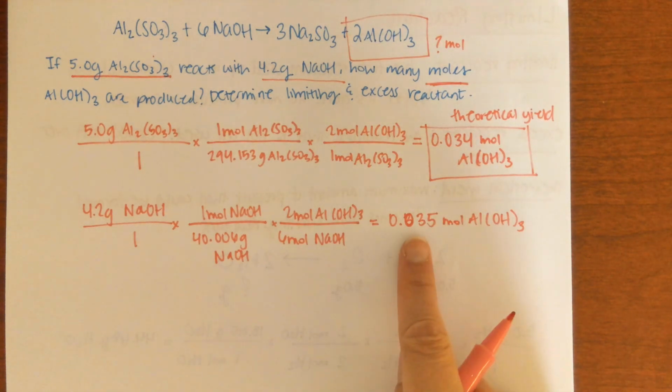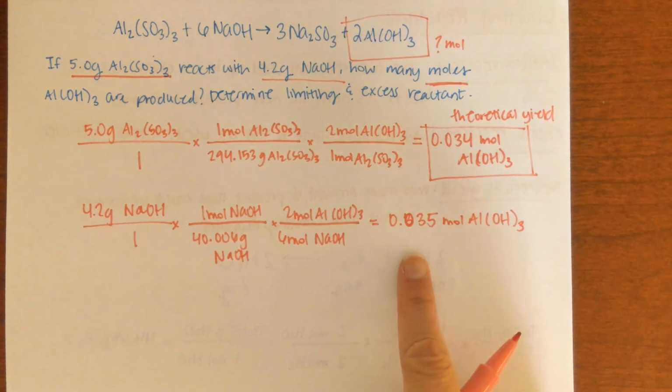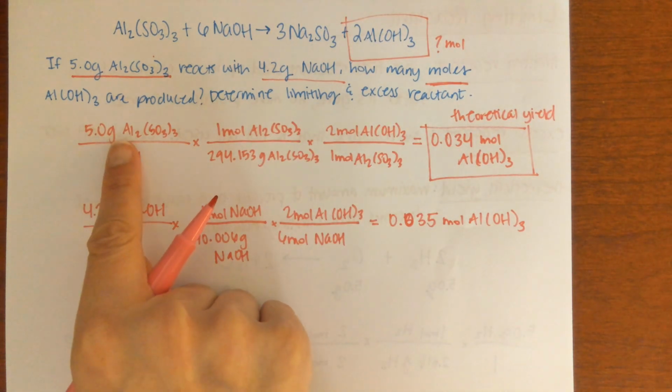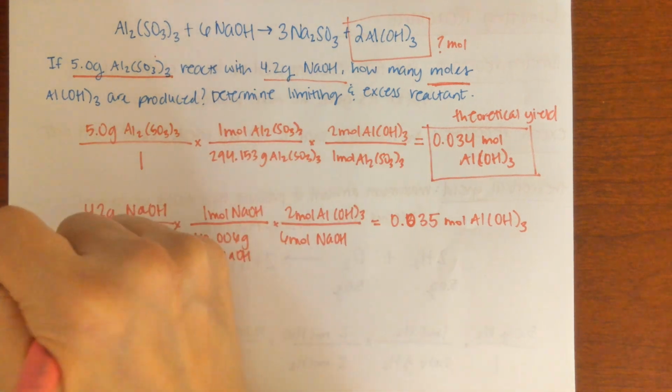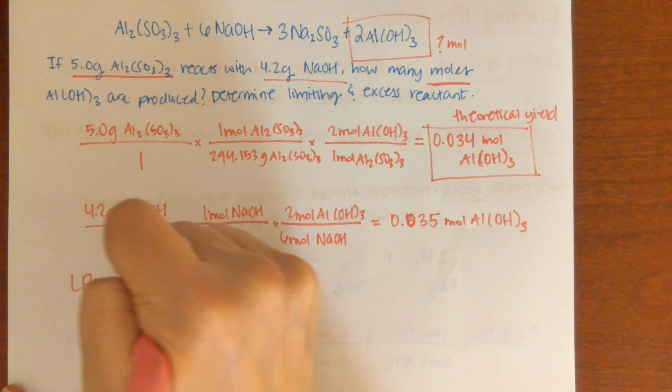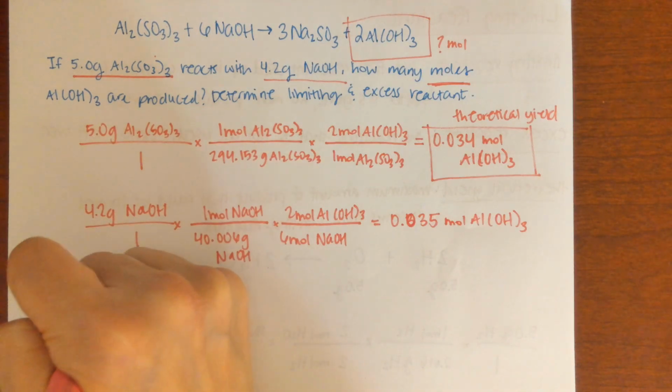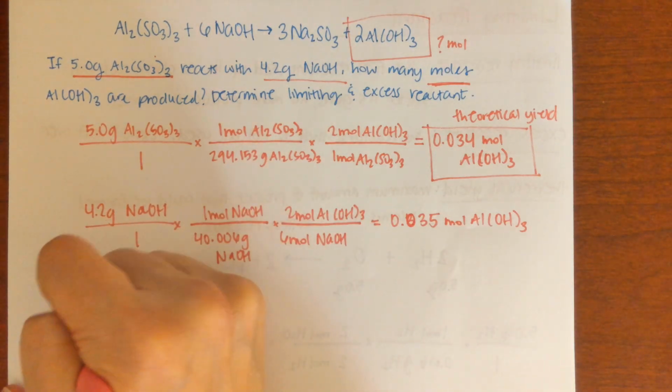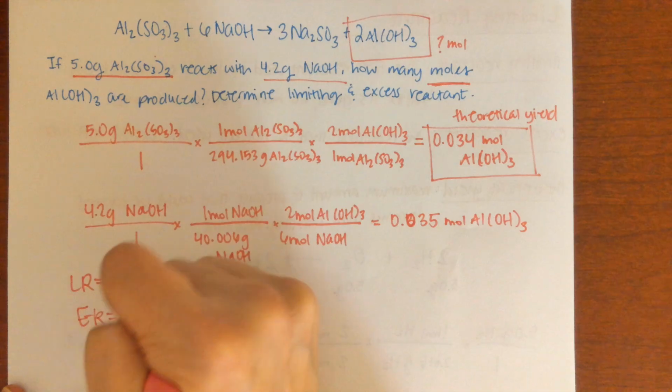It is a tiny bit smaller than this one. And then by default, my limiting reactant would be my aluminum sulfite, and then my excess reactant is my sodium hydroxide.